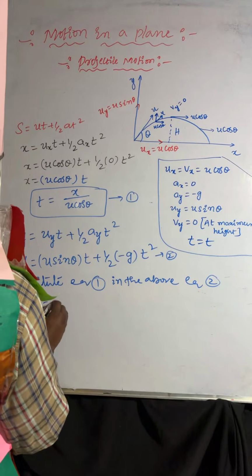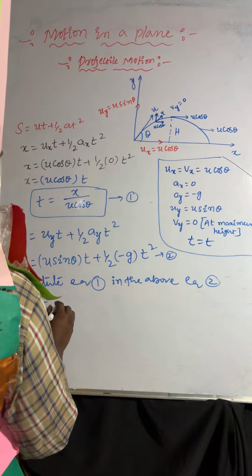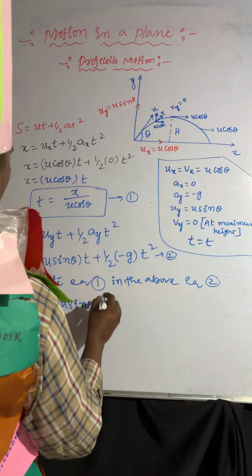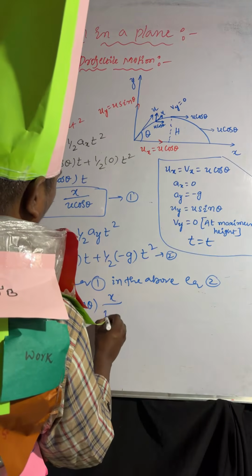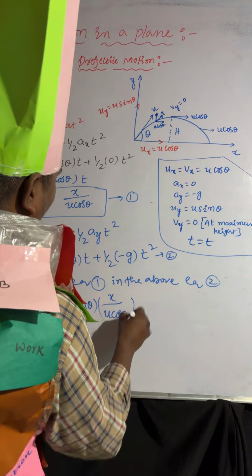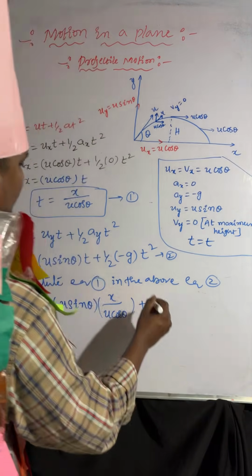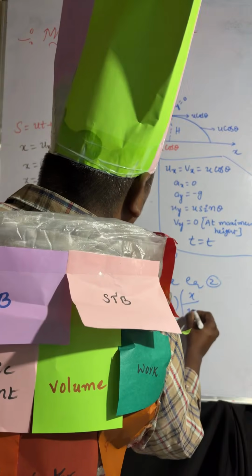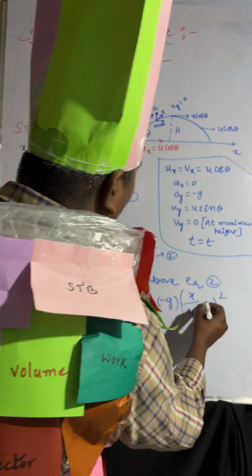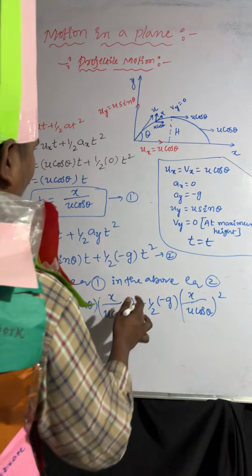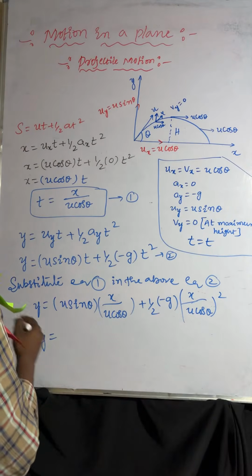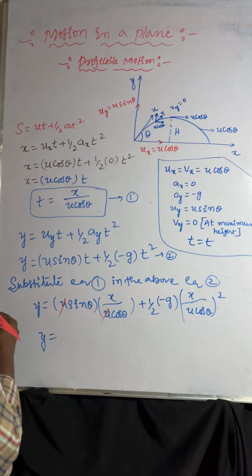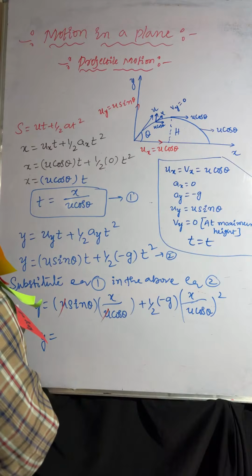So y equal to u sin theta into t, which is x by u cos theta, plus half into minus g, then x by u cos theta whole square. Now you can see, cancelling u here, sin theta by cos theta is tan theta.